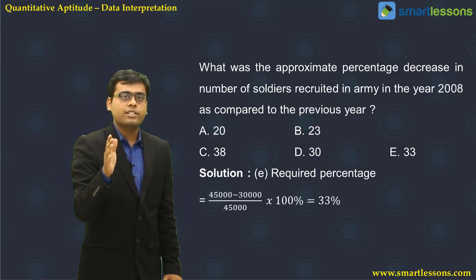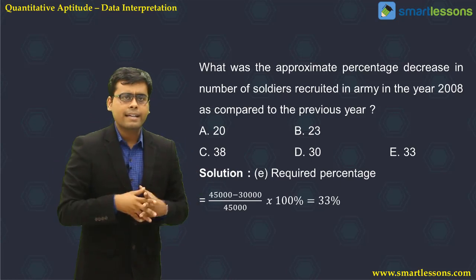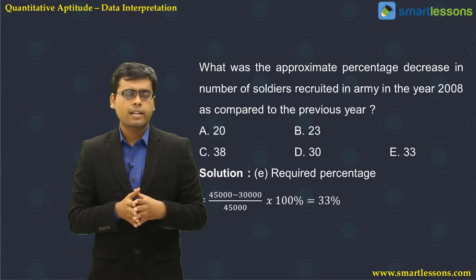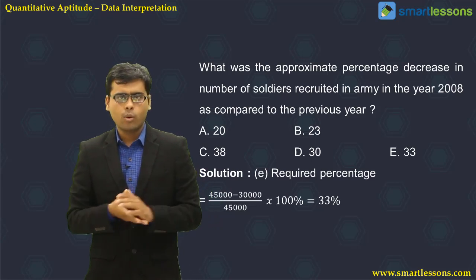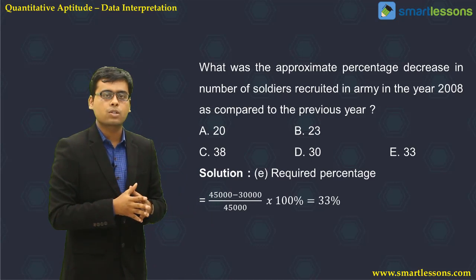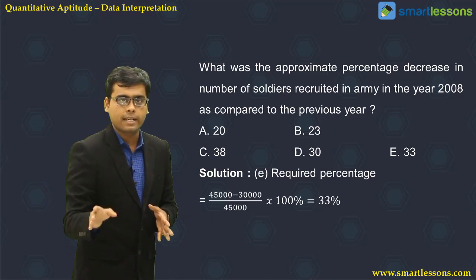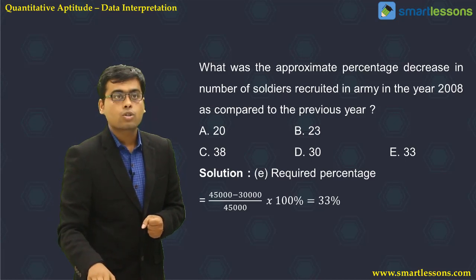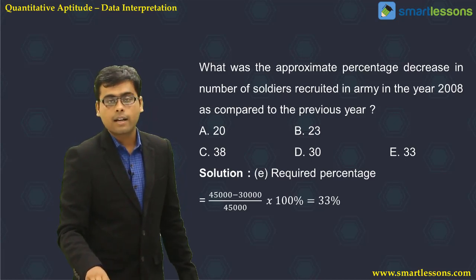So, the percentage decrease is what? 45,000 minus 30,000 divided by 45,000 into 100%. So, that is approximately equal to 33%. So, the decrease is 33%. So, that means option E is the correct option.